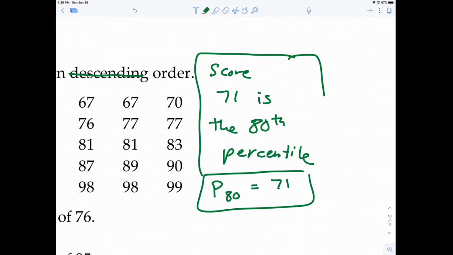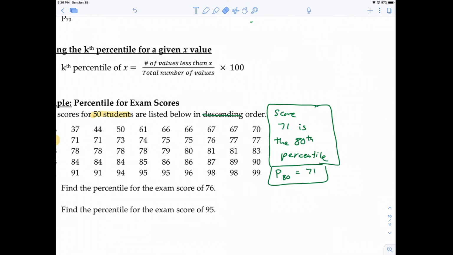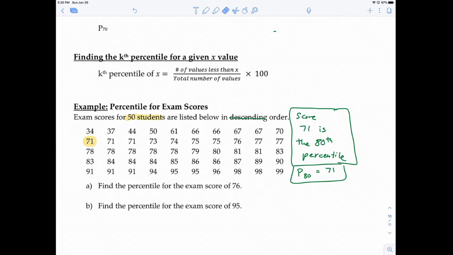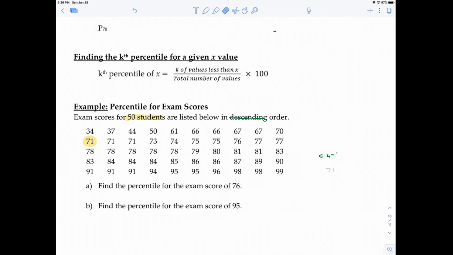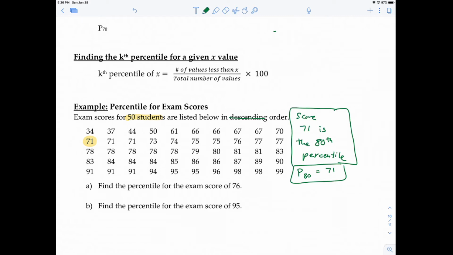Now the next question is what problems am I going to see, and how do I calculate each of those? But before that, what I want you to understand is that there is the value itself, and then there is the percentile.